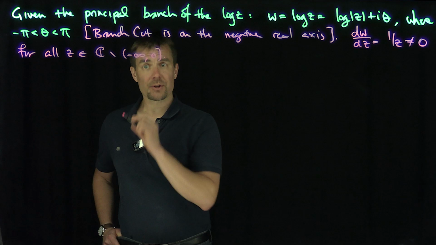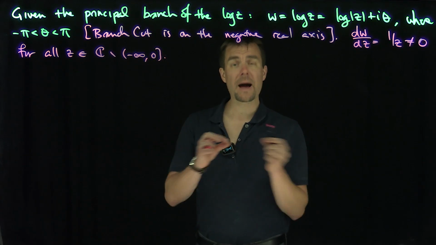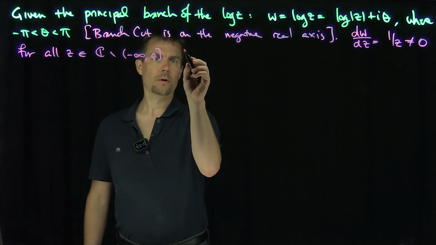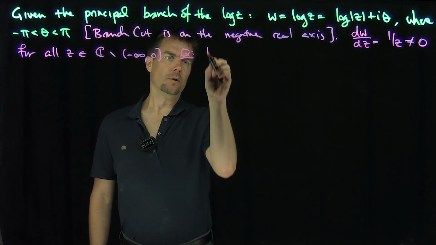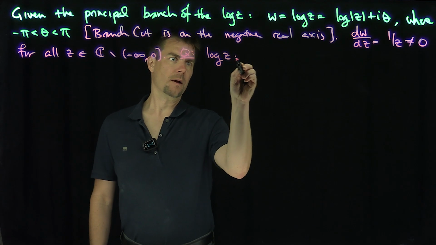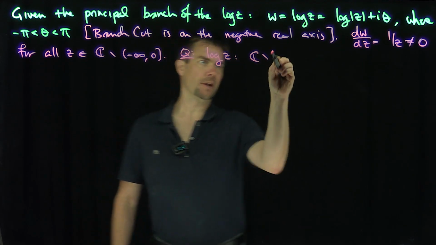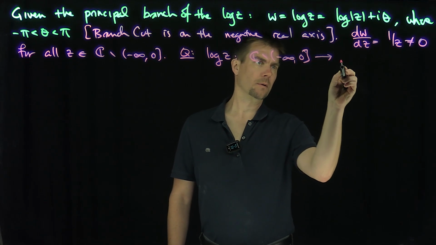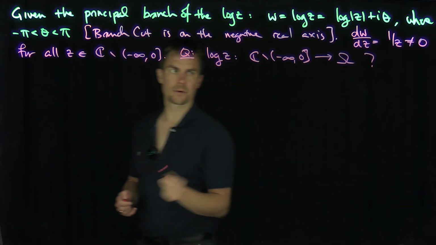Good, now let's examine the situation. So the question becomes, where am I going to map the slit complex plane? So question, log of z maps this slit complex plane onto what region? Okay, let's figure out what it does.